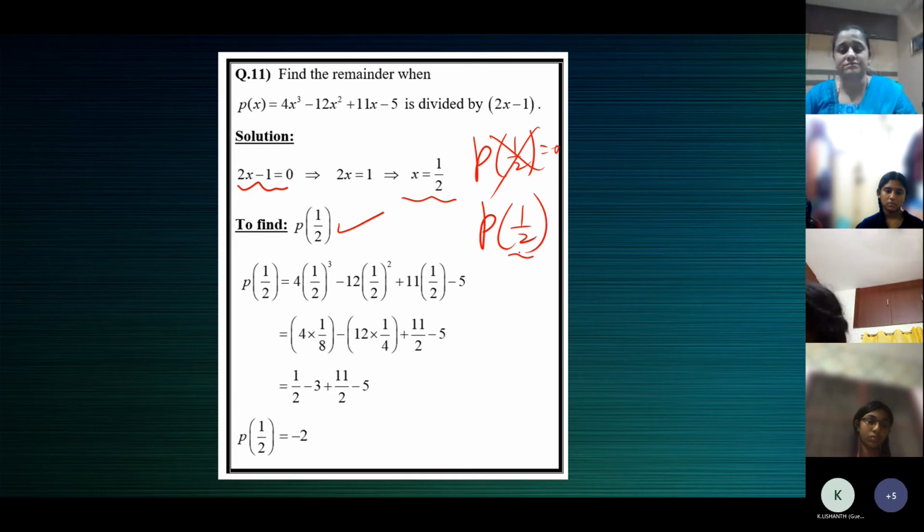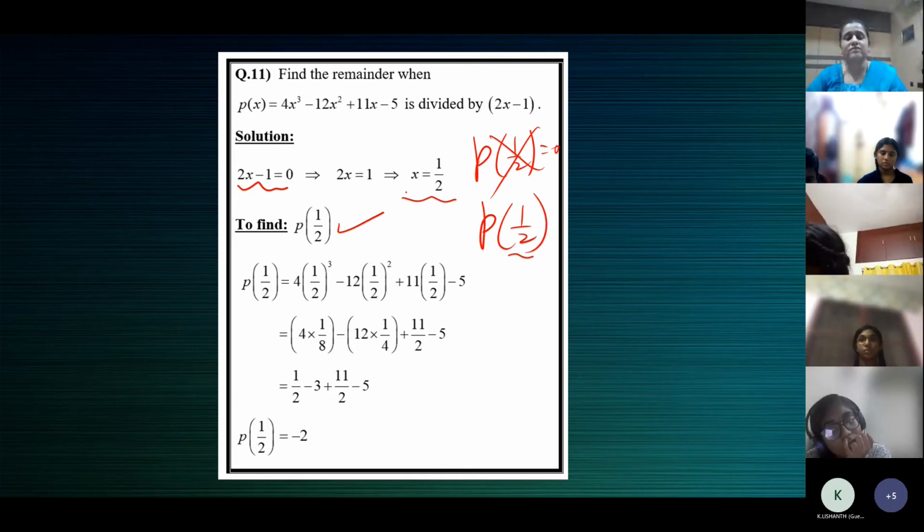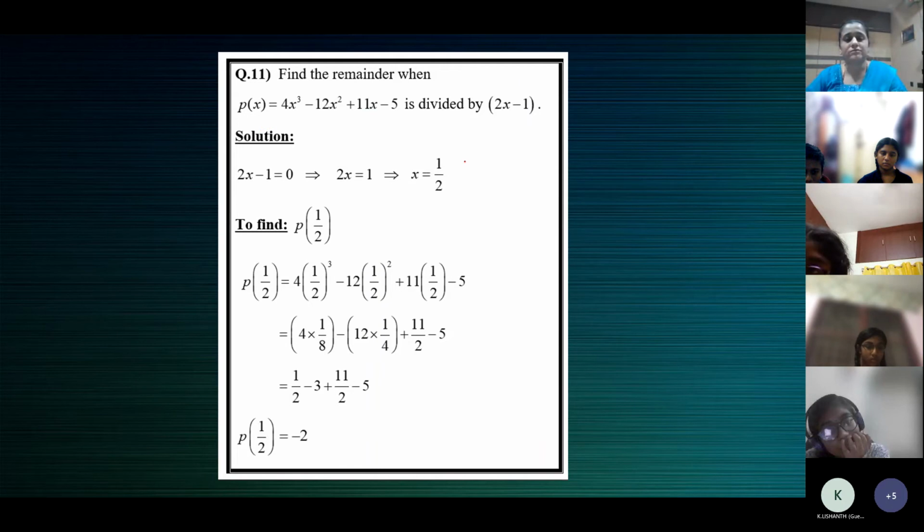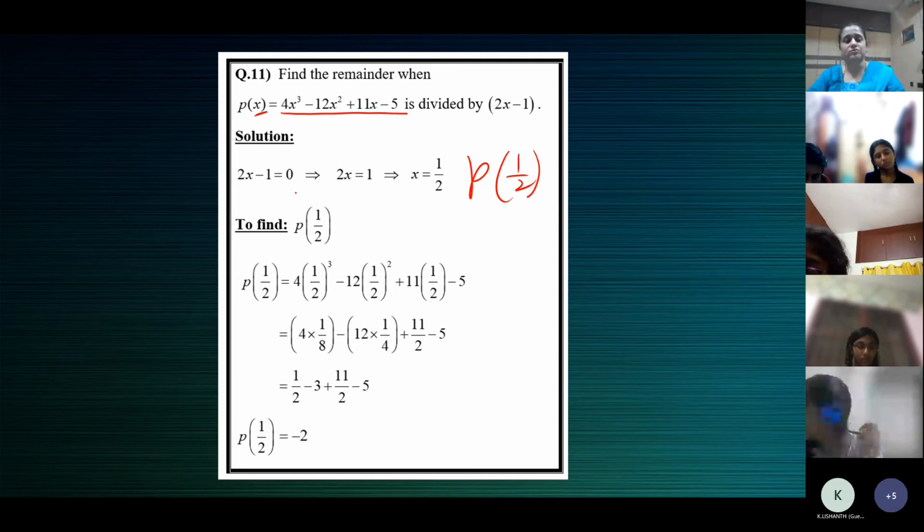When you're doing this, you're finding the value of this polynomial at x equal to 1 by 2.